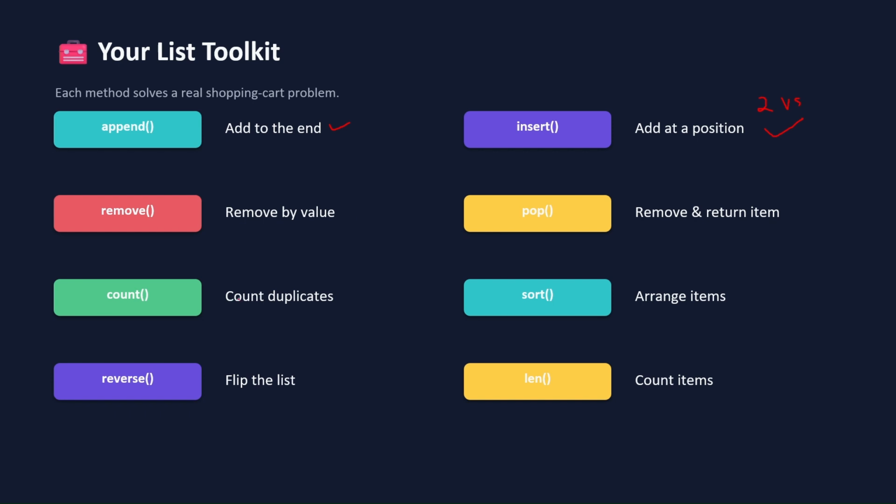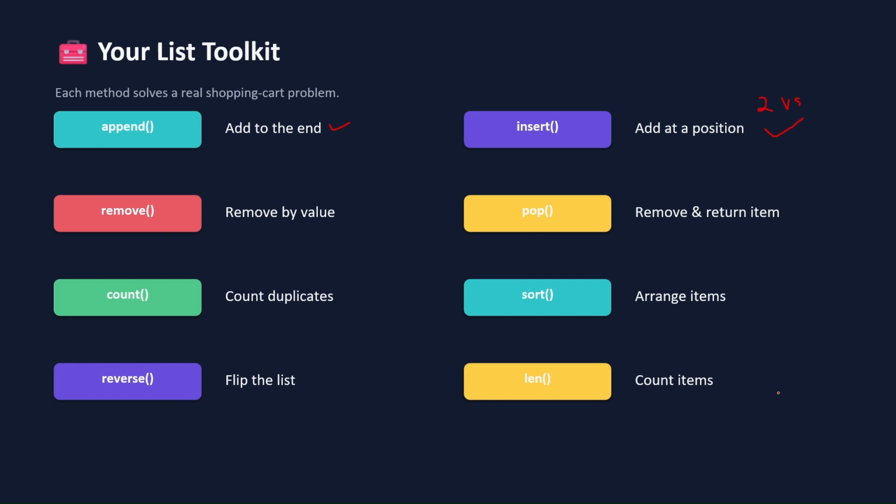Count is used to count duplicates, so if you want to identify how many mouse are available in the cart, you can use the count method. Sort arranges the items in the list, and reverse flips the list, putting it totally upside down. Next is len. Len, of course you will know, counts the items, to identify how many items are there in the list.